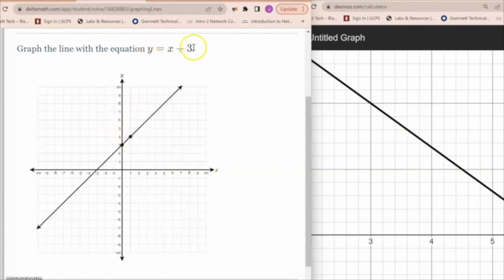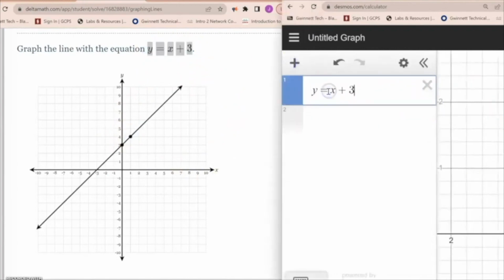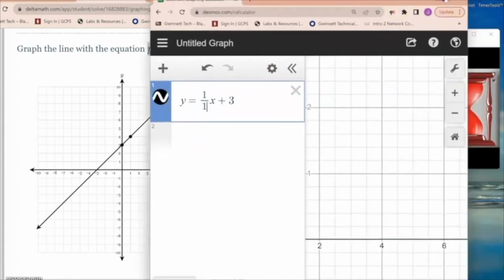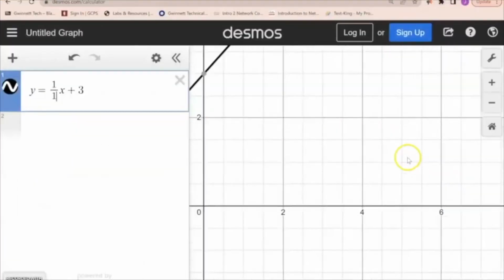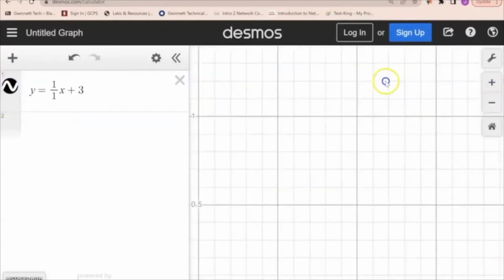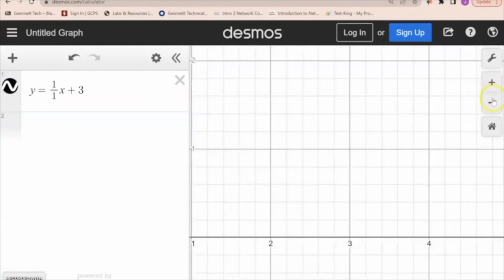All right, again, I'm going to take this, Control C, and check it with my calculator. Now remember, I just said 1 over 1. You don't have to type this in, but I'm putting it in to show you that it's the same thing no matter what. So where is this graph? Zoom out so you can see it, zoom in so it goes up by 1s, however you need to see.